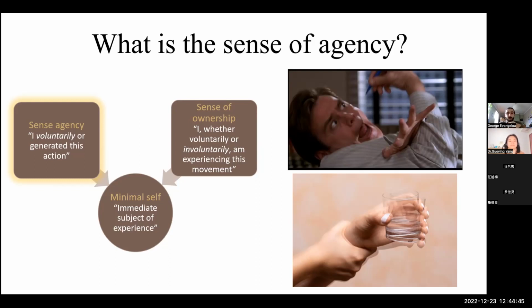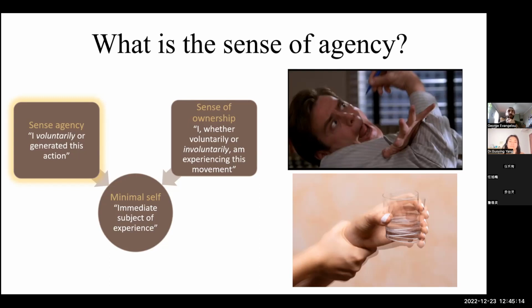So when you are the one causing and the action is self-generated, you tend to attenuate the sensory signal, so you don't experience it as intense. And so this is taken as an implicit measure. This is also seen at the neural level, where these signals are attenuated in the brain, and also at a physiological level, where your skin conductance is also attenuated.